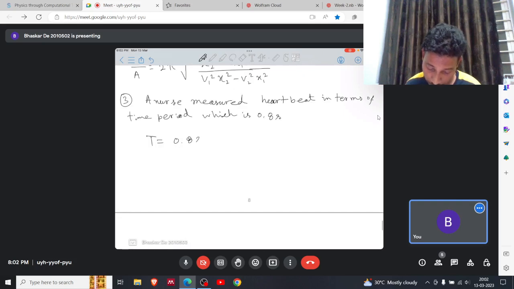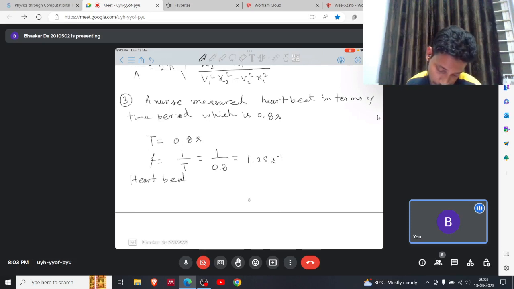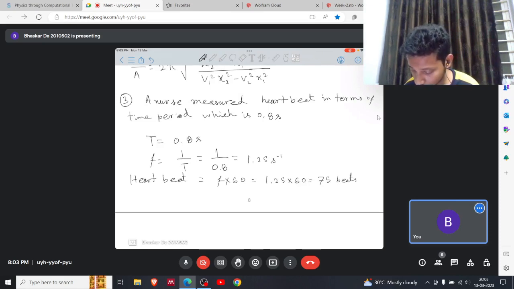So what is the heartbeat? f equal to 1 by T, which is 1 by 0.8 is 1.25 second inverse. So heartbeat is generally measured in 1 minute. So heartbeat equal to f into 60. So 1.25 into 60, which is 75 beats per minute.